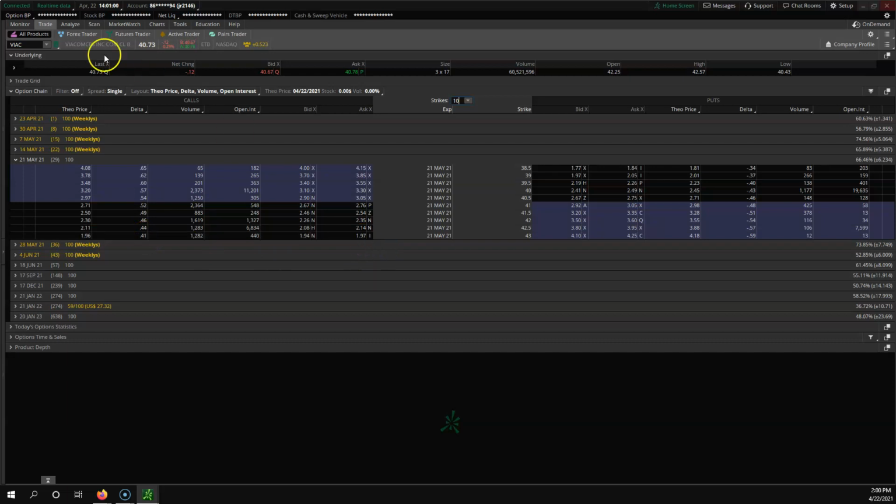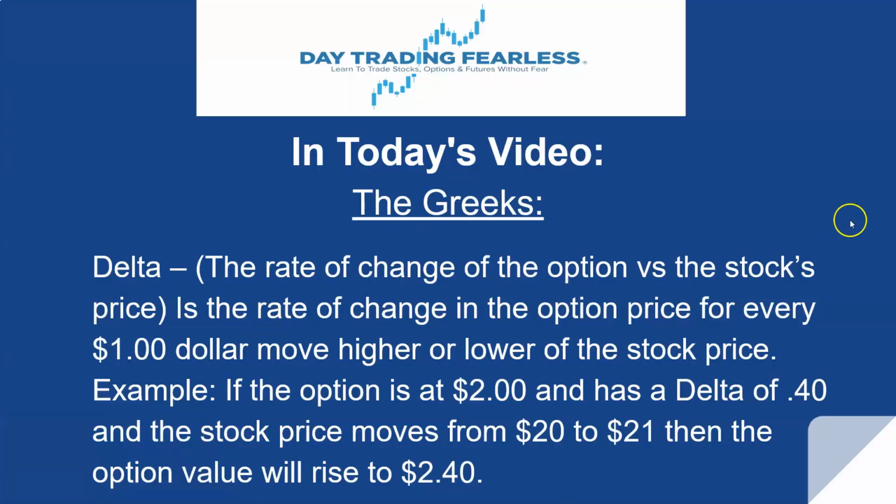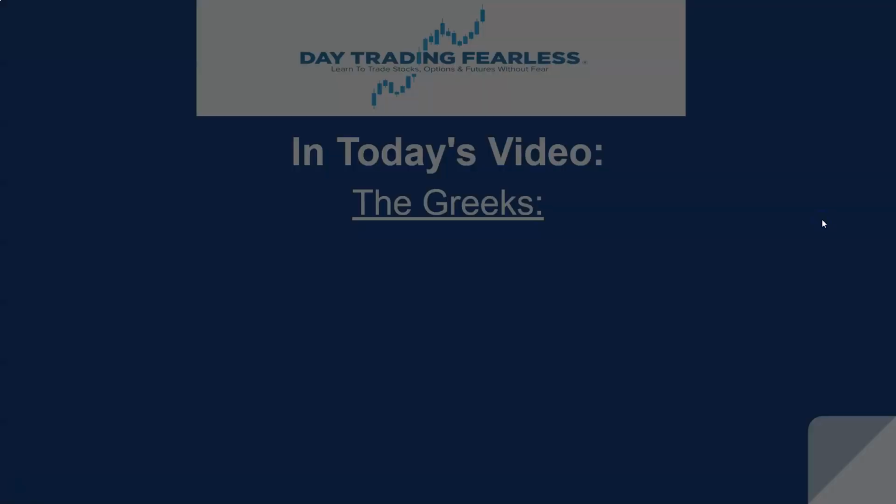So if you bought that and the stock moved $1 right now, we would make about $41. But also think of it as, what are the odds of this option expiring in the money? Above 43, well, it's telling us it's a 41% chance, right? So that's why at the money is always a 50-50, flip a coin, right? Because it could go up or down, and that's it. So hopefully that kind of helps and makes sense. So that is the delta.